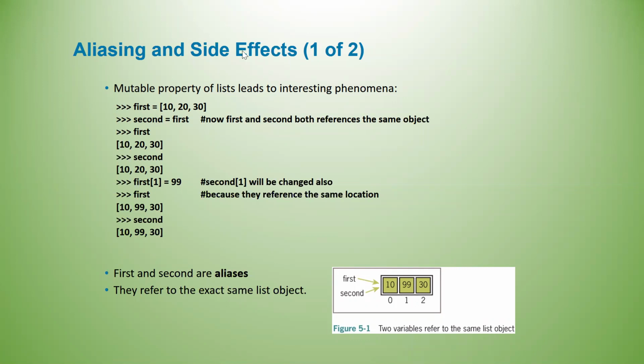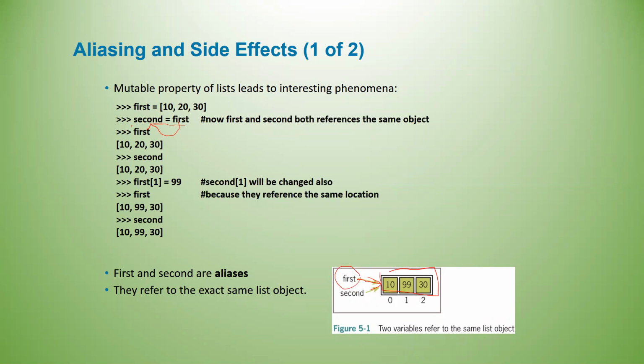Okay, so look at this. This is a list here, right? Second equals first. So we are assigning this list to another name, second. This is the list, and first is originally pointing to it. Remember, first is just a variable name.